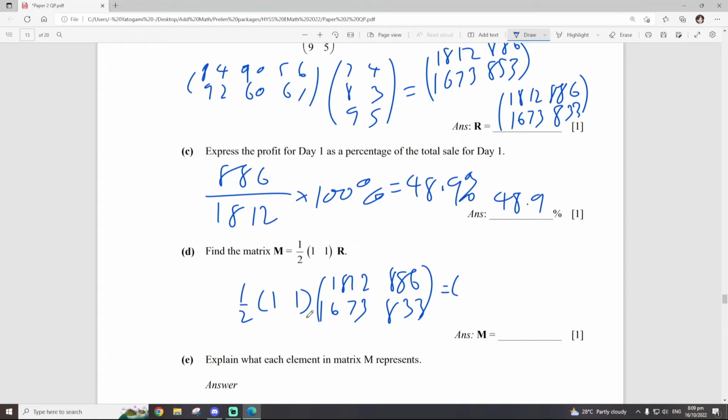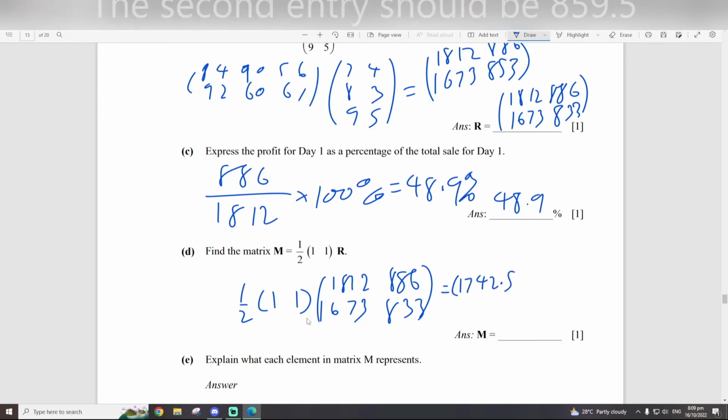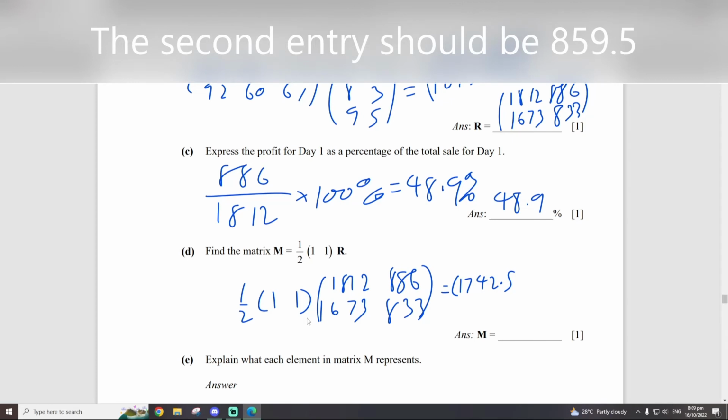Then this one divided by 2. So this is 1742.5. And then the other one is 886 plus 883 divided by 2, 884.5. Okay. So what actually is meant by these two matrices?